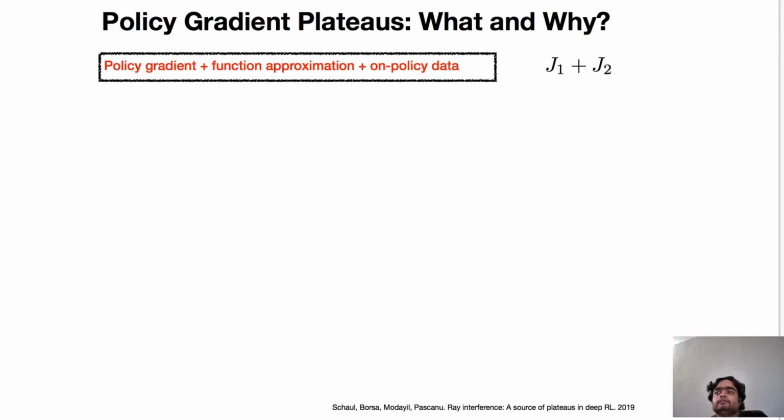And let's imagine, for the sake of this discussion, we only had two states in your MDP, and your RL problem was horizon 1. So it's almost like a bandit problem, except that you still have two states. You can take two actions at each state, and your objective is the policy gradient objective of each of these states added together. So that's J1 for state 1 plus J2, which is the expected reward objective at state 2.